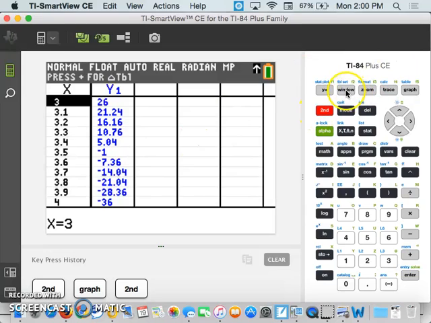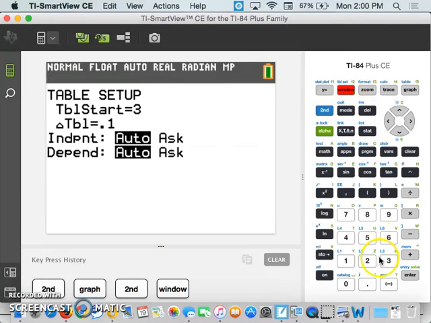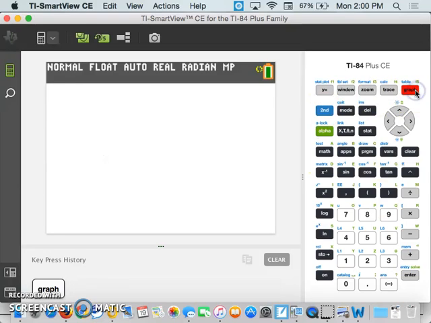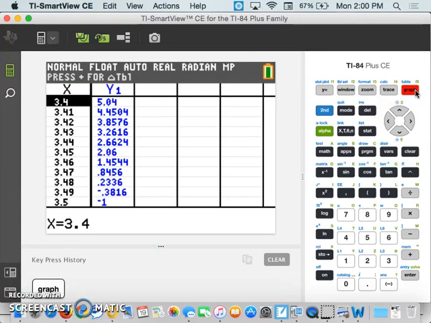So we do a second table set and start at 3.4 and then count by hundredths. And then we look at the table, and right here at 3.48, it's 0.2336 feet above the ground, which is just like 3 inches above the ground.